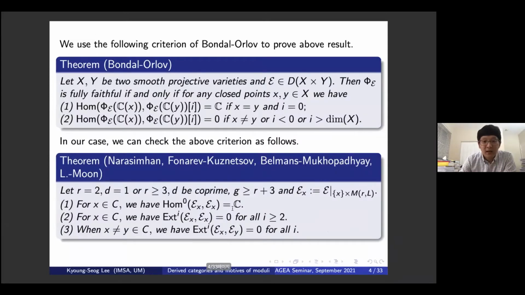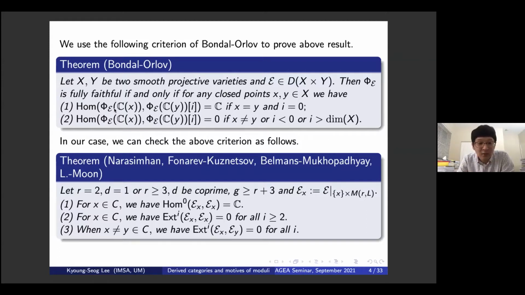The basic idea of the proof is using the famous Bondal and Orlov criterion. The Bondal-Orlov criterion says that when X and Y are two smooth projective varieties and E is an object in the derived category of X times Y, then the Fourier-Mukai transform is fully faithful if and only if, for any two closed points x, y in X, we have the following identities.